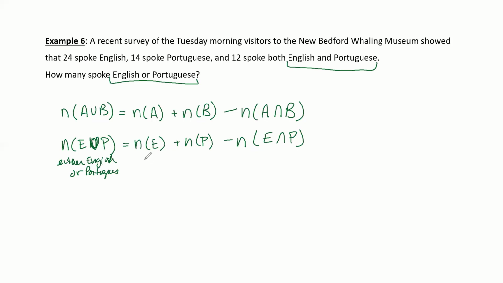The number in E speak English. The number in P speak Portuguese. E intersect P are the ones that speak both English and Portuguese.